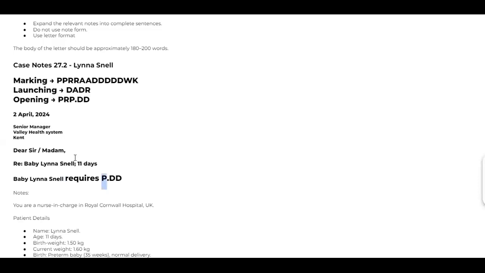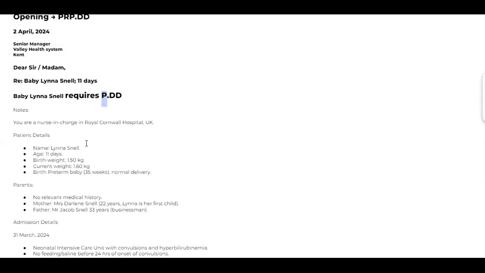The purpose of this letter is advice. Do you think an 11-day-old baby needs advice? No. Basically, the main purpose of this letter, using the information given in the case notes, is to write a letter to Senior Manager, Valley Health Systems, outlining the needs and the problems of Lina and her mother.